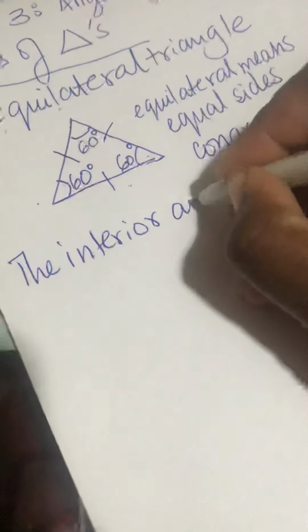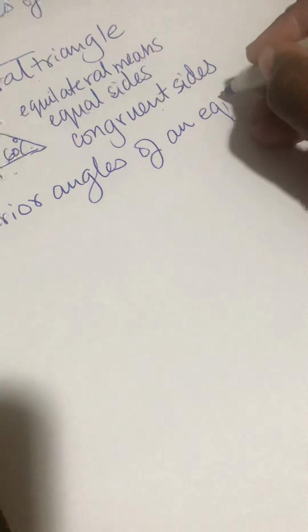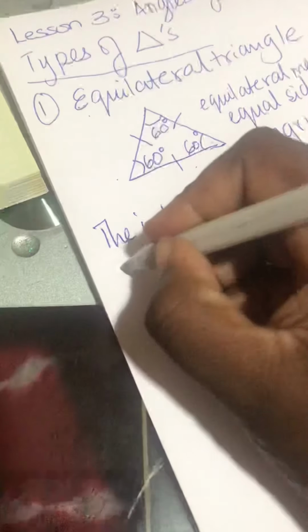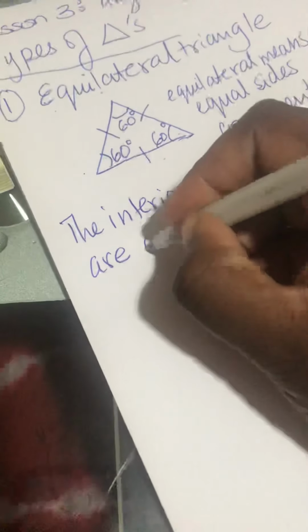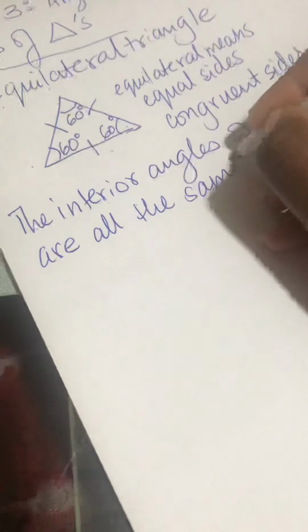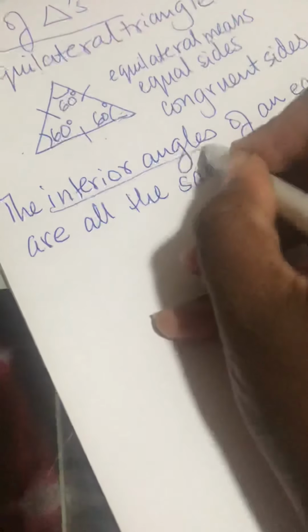So you will write the interior angles of an equilateral triangle are all the same. Interior means I found them inside.